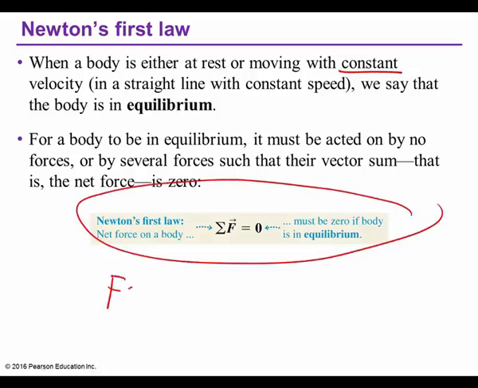Newton said that an object at rest has zero force, 0 newtons. It's not on like Donkey Kong, all right? It's 0 newtons. Why? Because there is no acceleration.